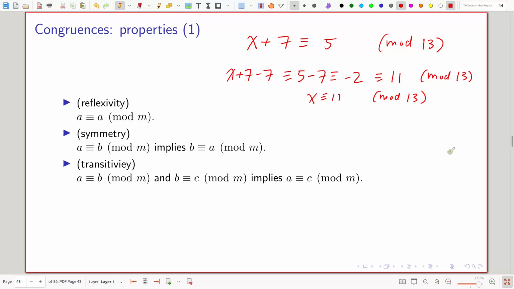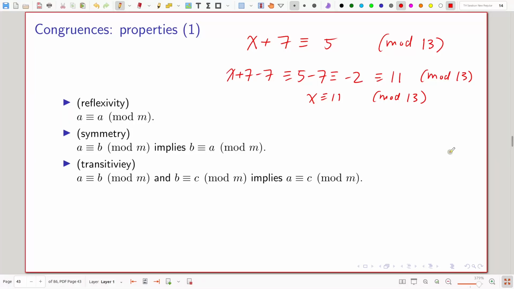So you can plug it in. If x equals 11 and you add 7, you get 18, right? Modulo 13, you get 5. But x doesn't have to be 11, right? x has to be 11 mod 13.